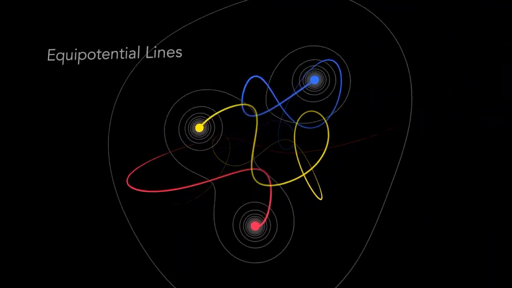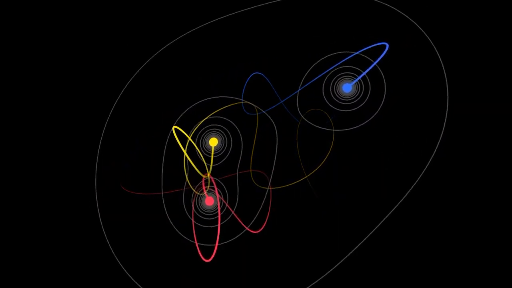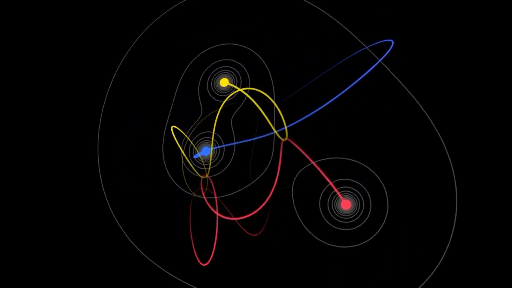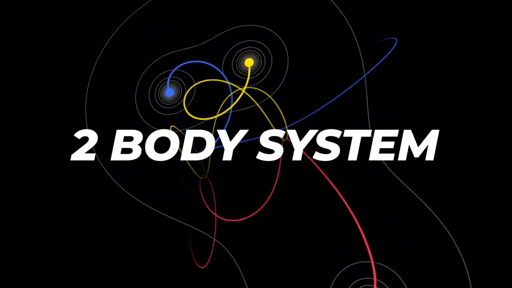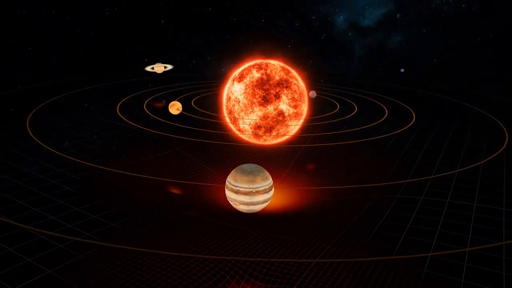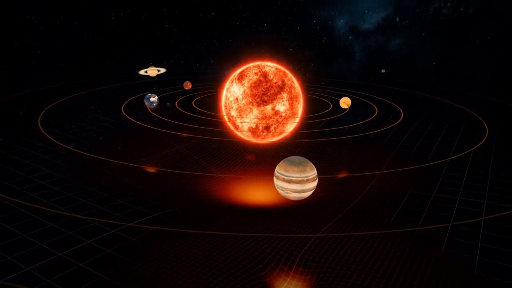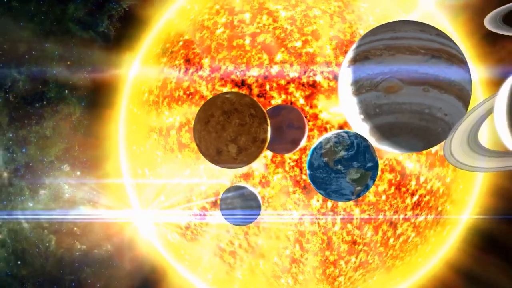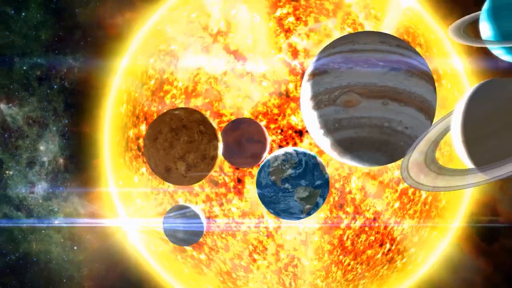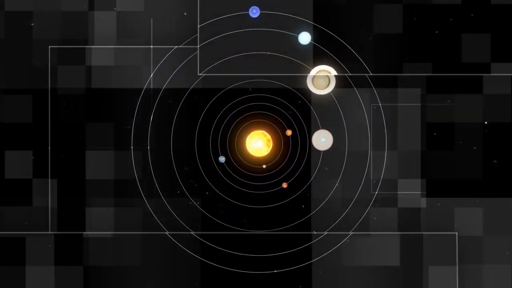For instance, when bodies are sufficiently distant, we can treat a many-body system as a series of simpler two-body systems. Each planet in our solar system, for example, can be approximated as orbiting the Sun in a simple elliptical path, akin to Kepler's predictions. However, these orbits gradually change due to gravitational interactions between planets.